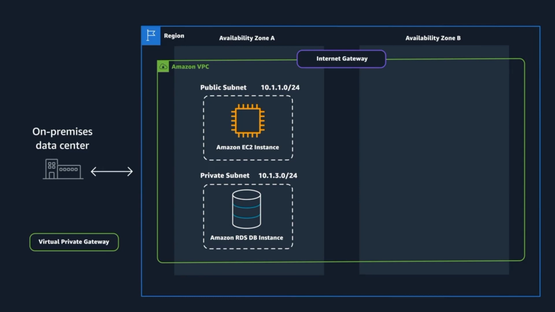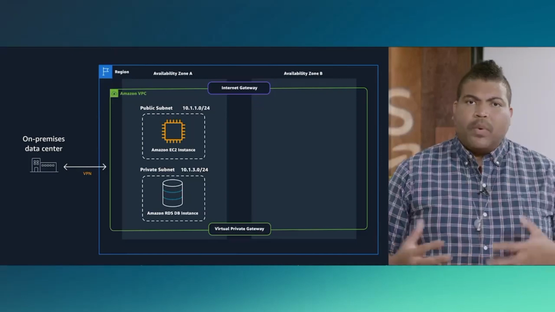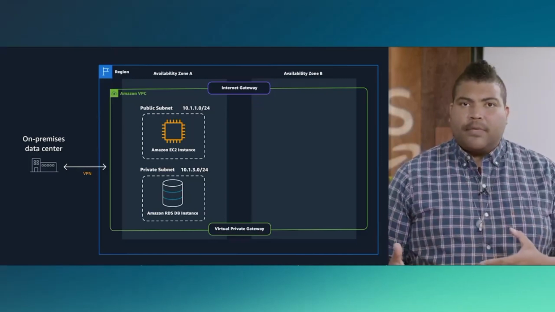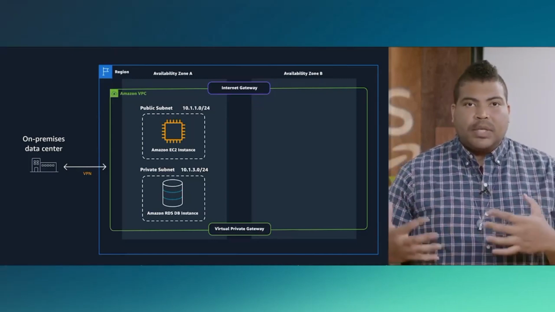It allows you to create a VPN connection between a private network, like an on-premises data center or internal corporate network, and your VPC. With the help of a VGW, you can establish an encrypted VPN connection to your private internal AWS resources. We won't be using a VGW for our application, but it's good to know.